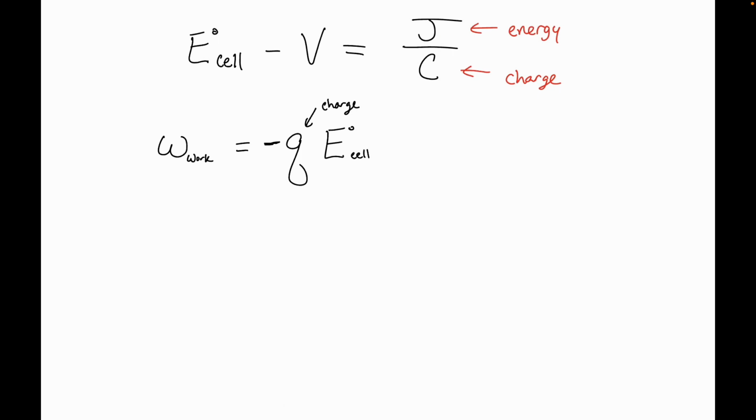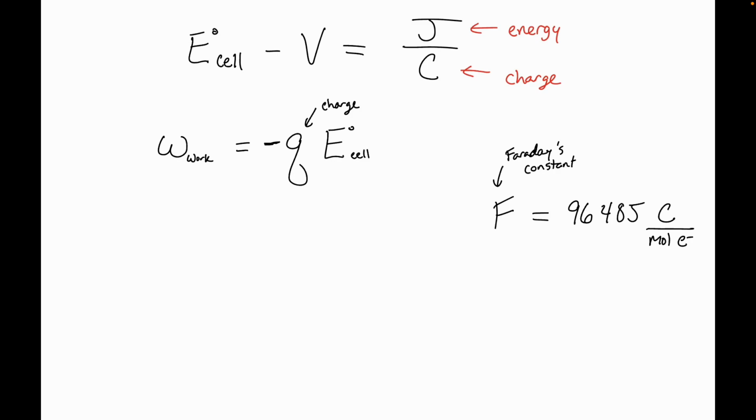We're going to use what's called Faraday's constant. Faraday's constant has this value of 96,485, and the units are coulombs per mole of electrons.